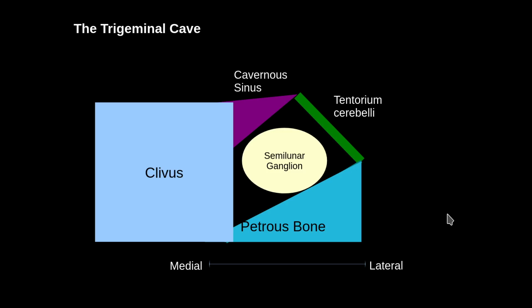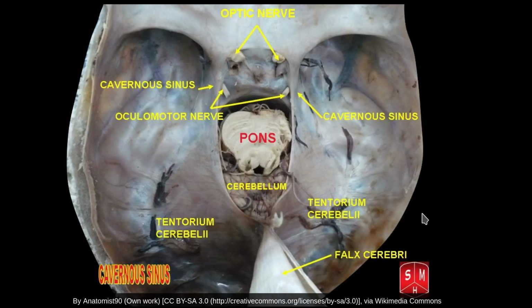Again, drawing from the overwhelming information that you got from OS 204. So demonstrating those structures, the cavernous sinus is found in here, the venous channel. This is the tentorium of the cerebellum. So that's where your trigeminal nerves will be found in their Meckel's caves.